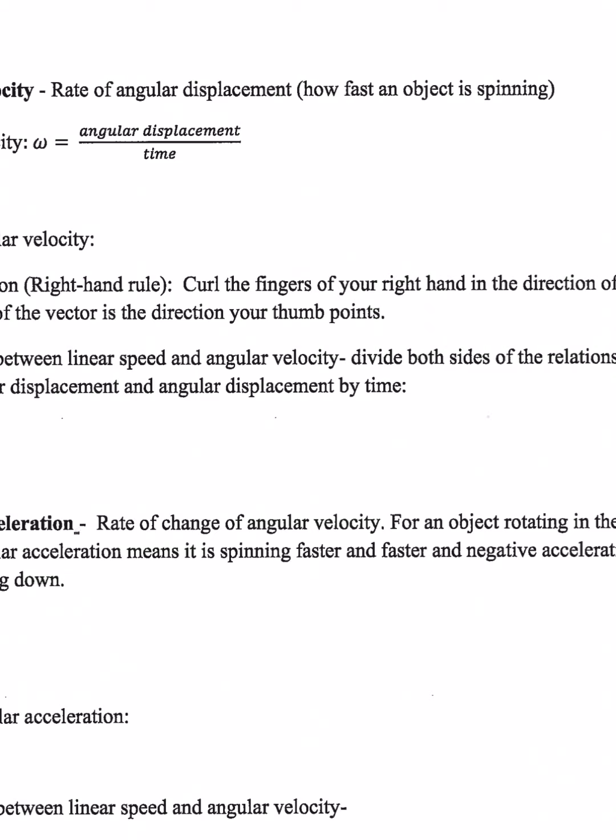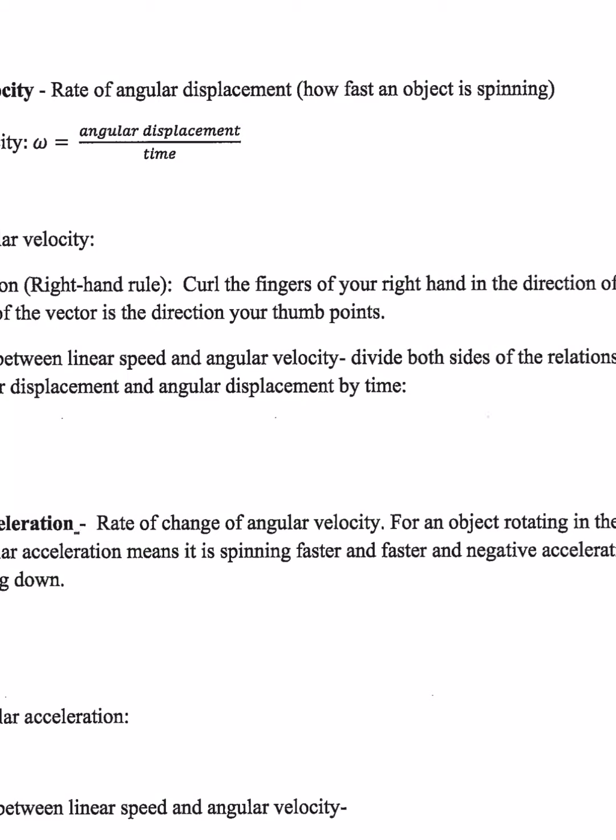So this would be like s over t, wouldn't it? No, that's not s. You tell me. S is the linear displacement, isn't it? What was the angular displacement? That was part A. What did we measure angular displacement in?